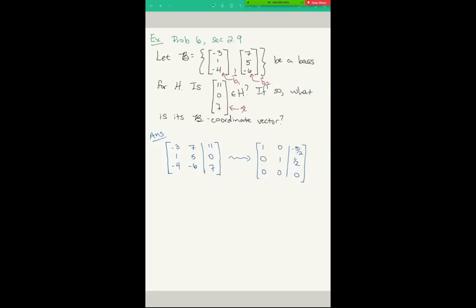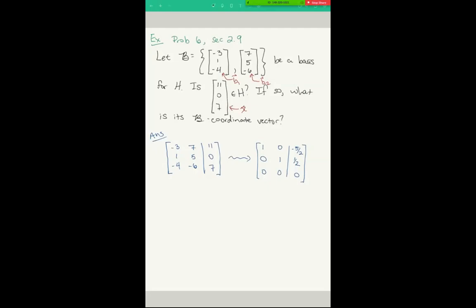So let's tackle our first question first. Is x even in this subspace? Well, how do we know? If B is a basis for H, what we're really asking is, is x a linear combination of those basis vectors? So is x in the span of those basis vectors? Well, how do we know that? x is in the span of the basis vectors if our system is consistent.